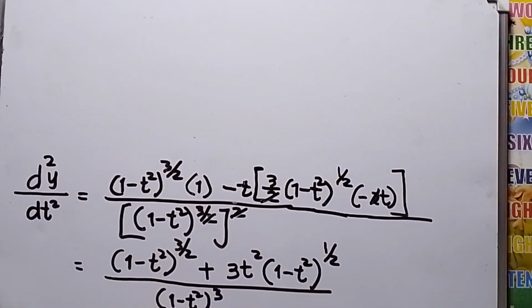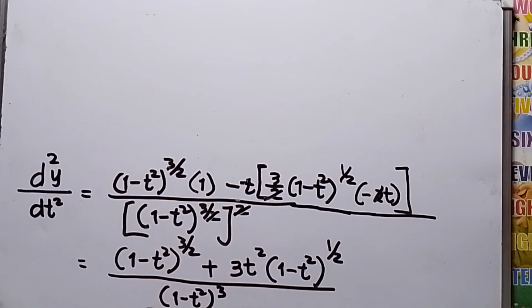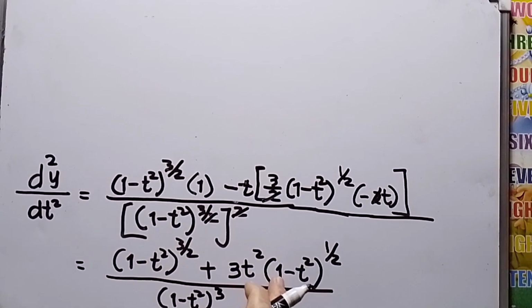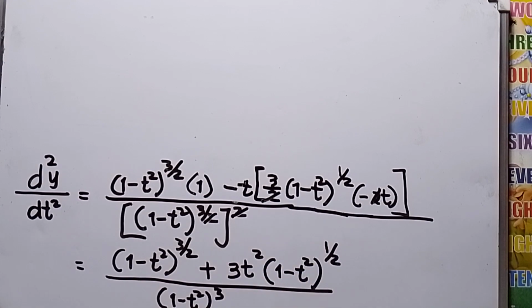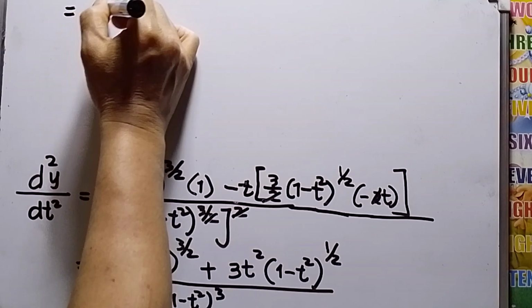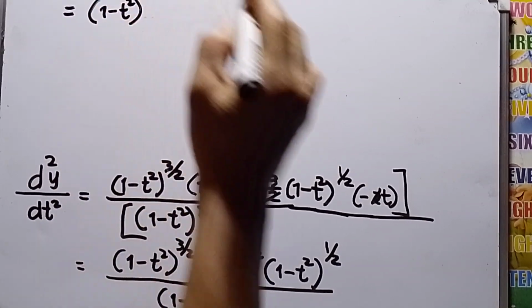Okay, simplify this one. The common factor between 1 minus t squared raised to the 3 halves and 1 minus t squared raised to half is 1 minus t squared raised to half.